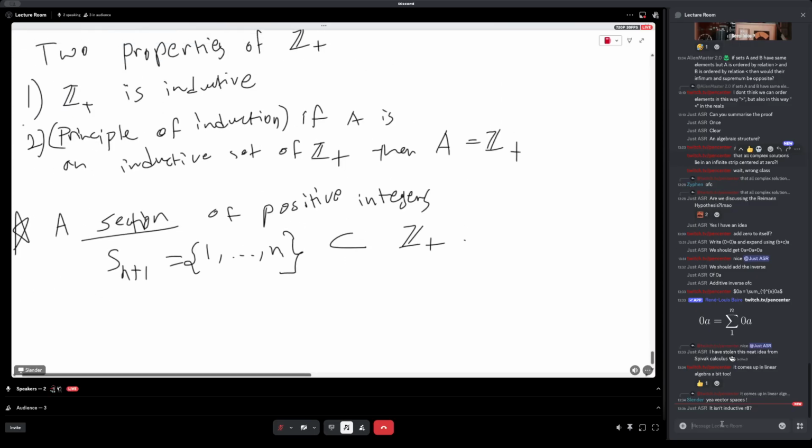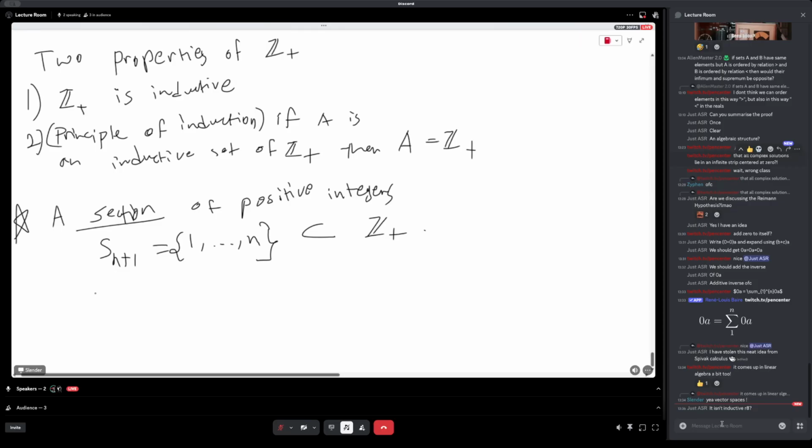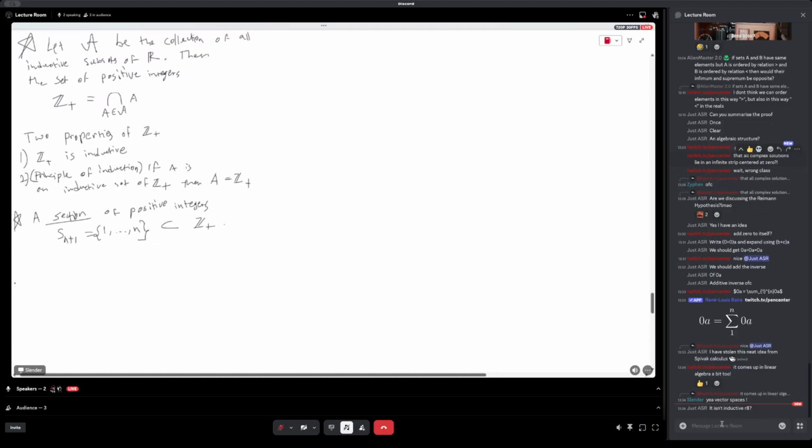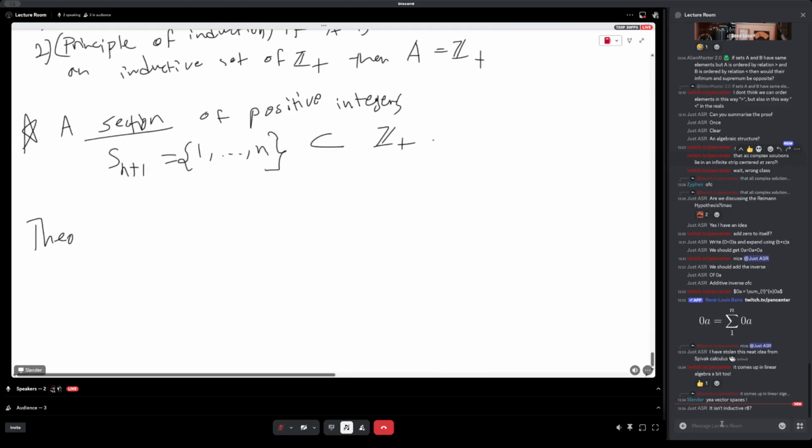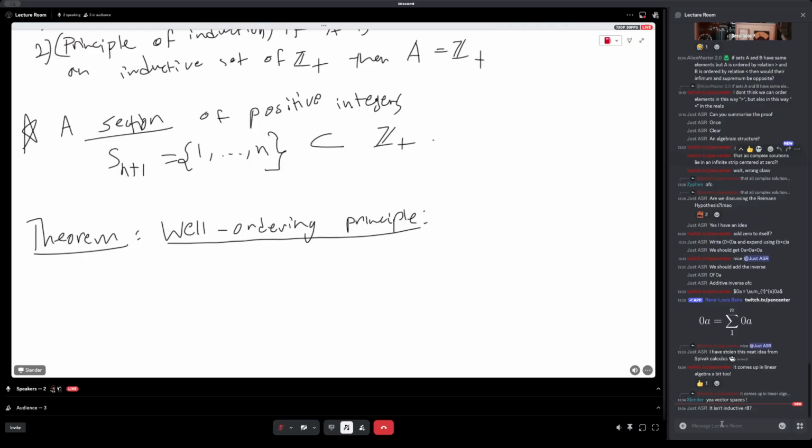Now, we have a very important theorem about the integers. We call this the well-ordering principle.